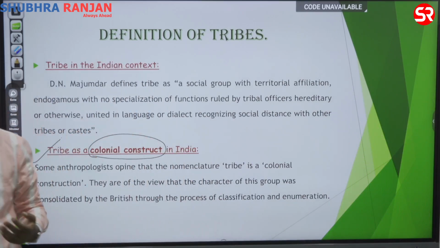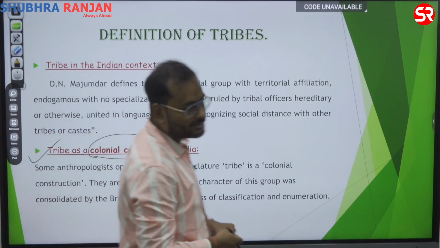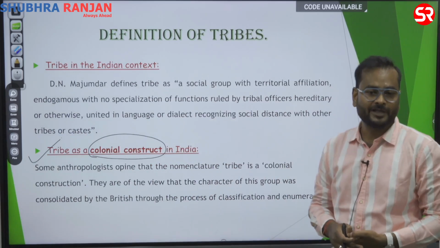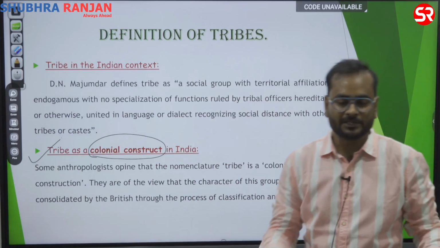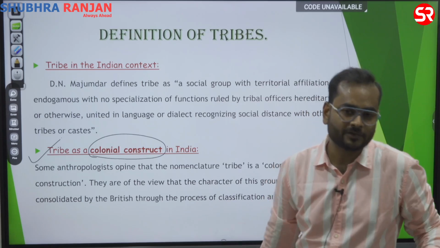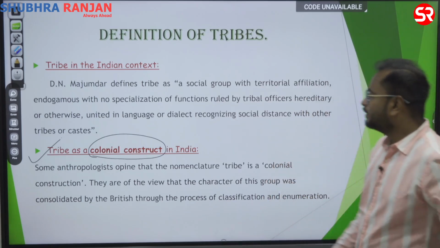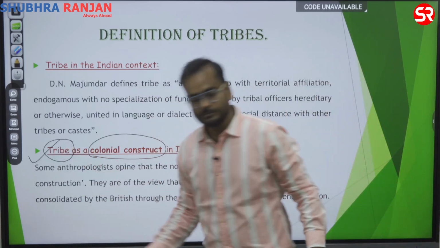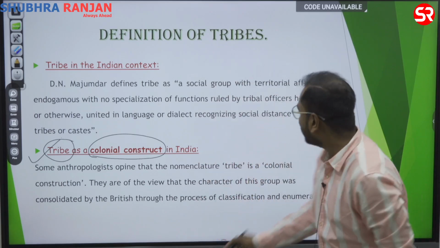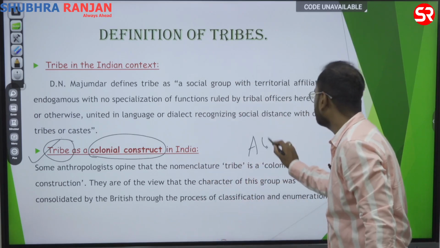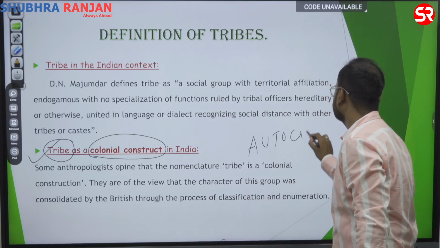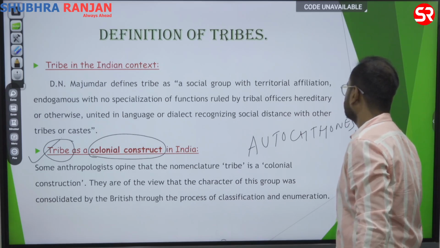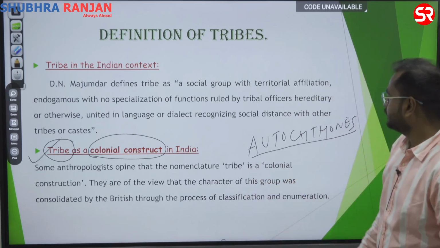What happened is the British were slowly getting to consolidate their hold in India. At that point of time, a few resentments and a few revolts arose from a few pockets of the country. At that time, the tribe, as we call it today, or they are called autochthones also, remember this term, you can use it in your answers also.